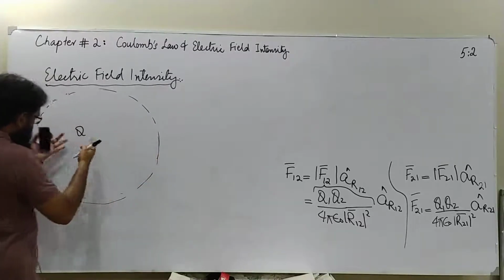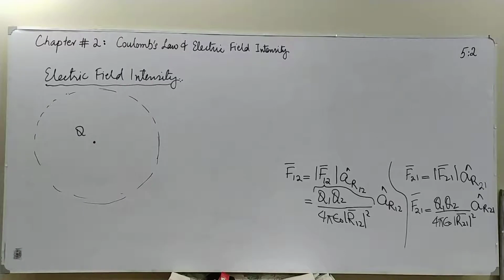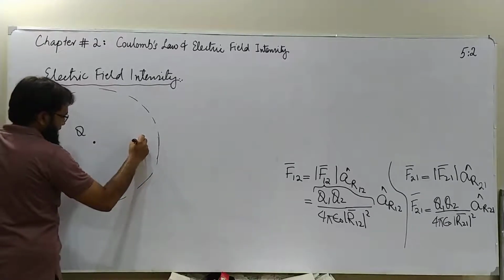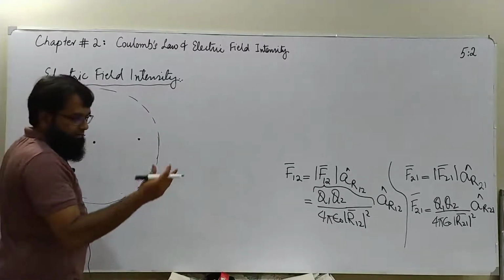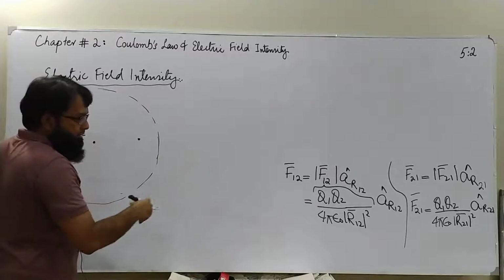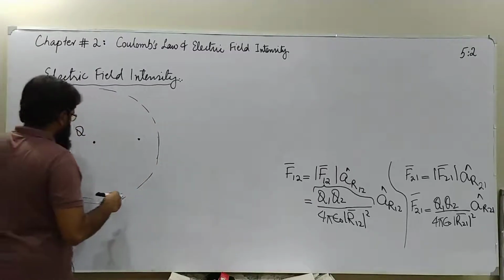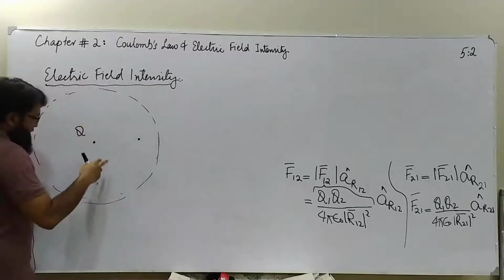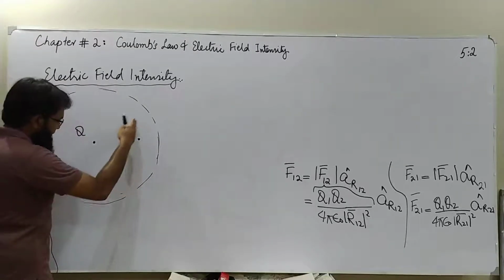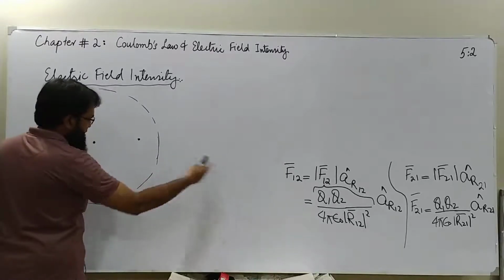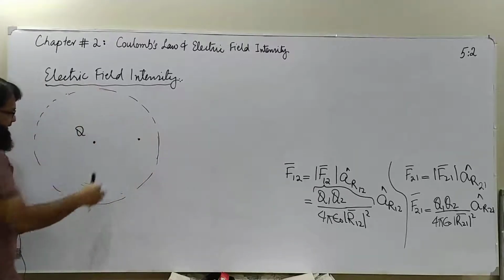This charge would only affect other charges which also have certain fields surrounding them, just as the gravitational field affects other masses which have a gravitational field surrounding them. So the effect of this charge is felt by another charge in the form of force. So this charge has a force field surrounding it.